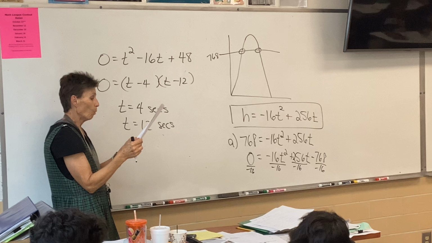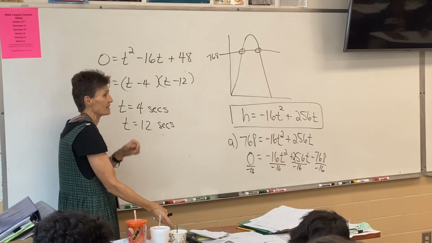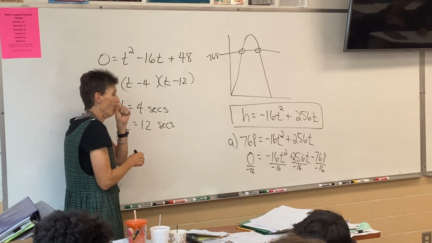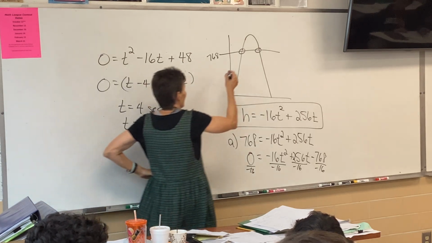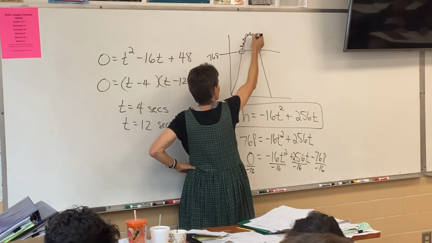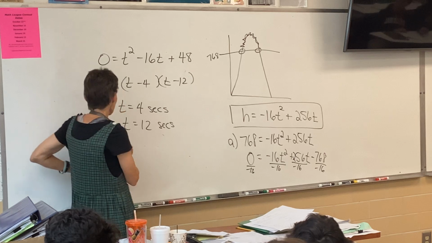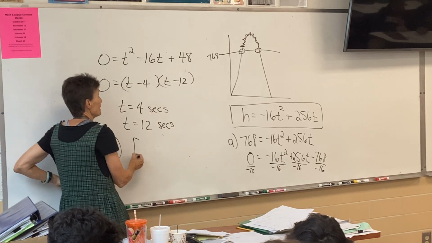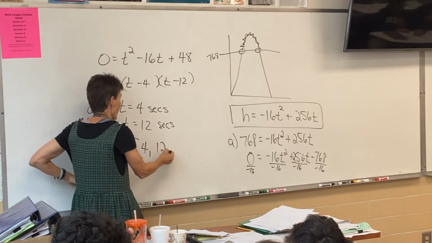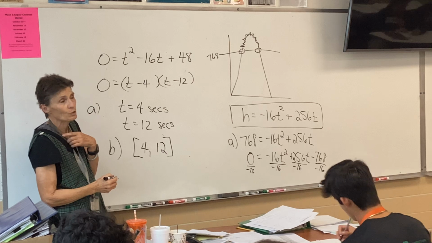When will the projectile's height be at least 768? Won't it be at least 768 in that whole area? Yeah. So this was A, and the answer to B is from 4 to 12. Now, why am I including the 4 and the 12?